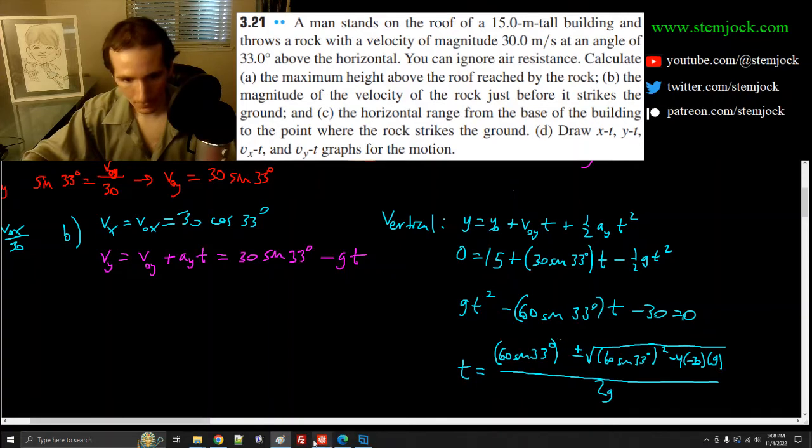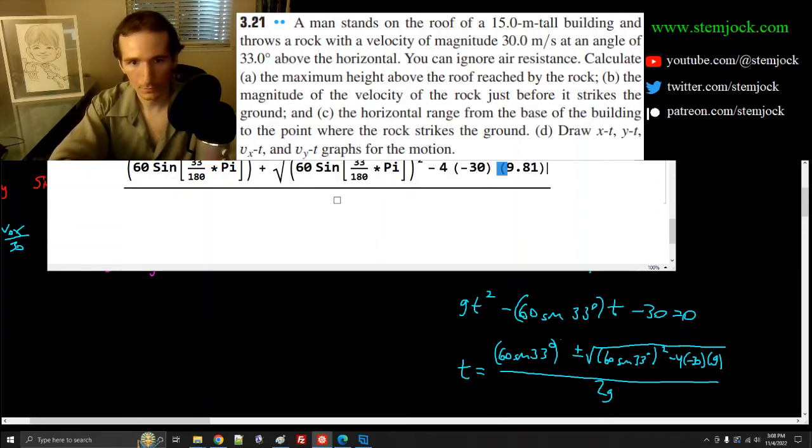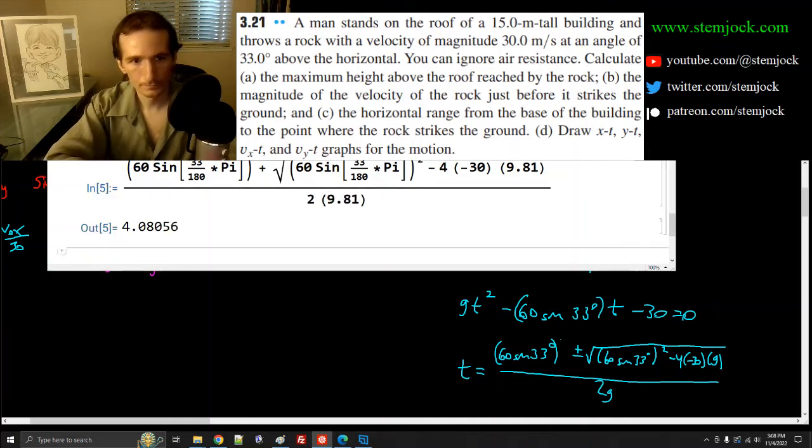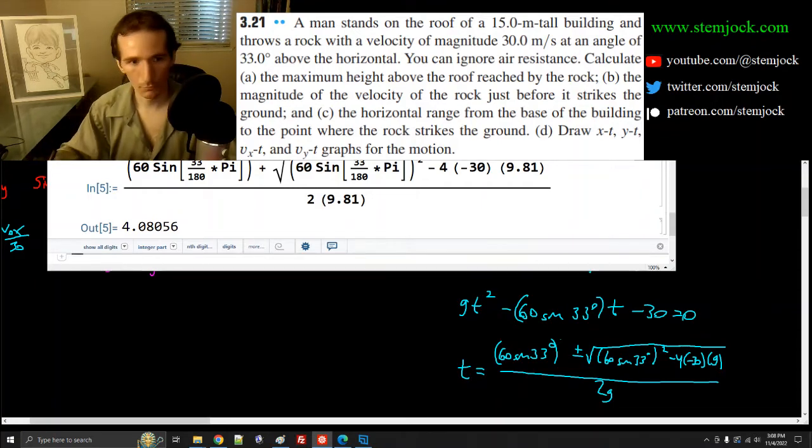Minus 4, negative 30 times 9.81, all over 2 times 9.81. So that's 4.08 seconds. That's one time.